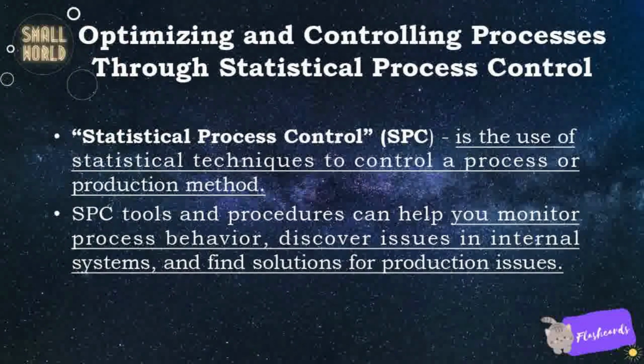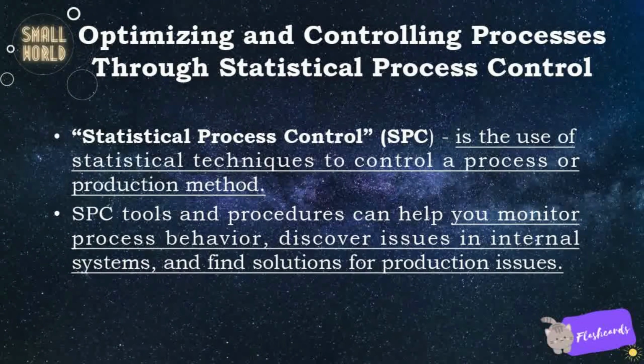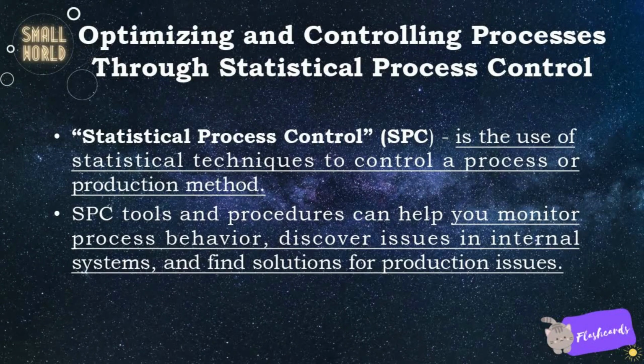Optimizing and controlling processes through statistical process control. Statistical process control, SPC, is the use of statistical techniques to control a process or production method. SPC tools and procedures can help you monitor process behavior, discover issues in internal systems, and find solutions for production issues.